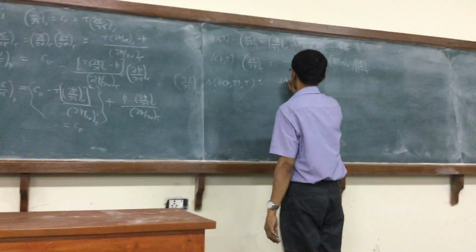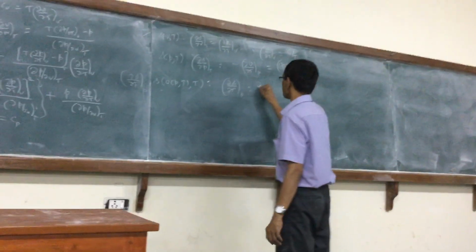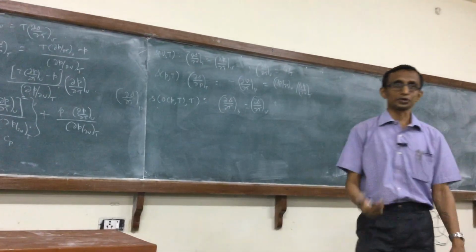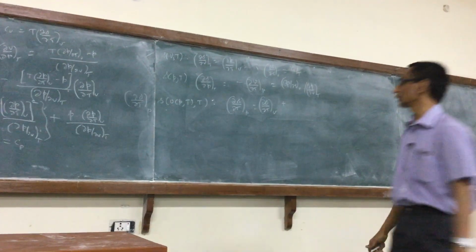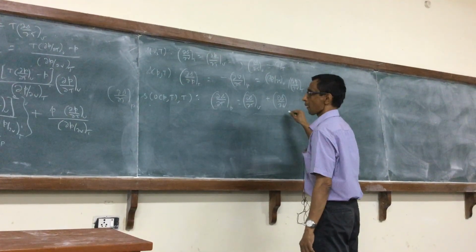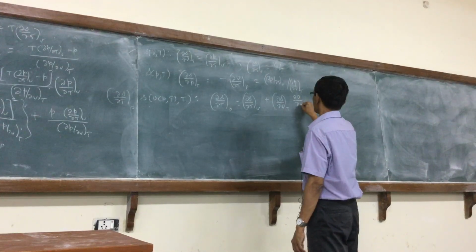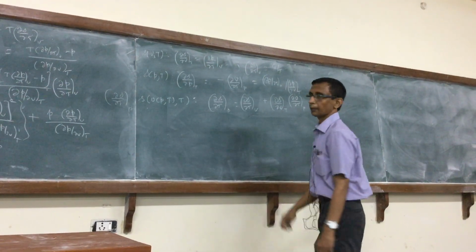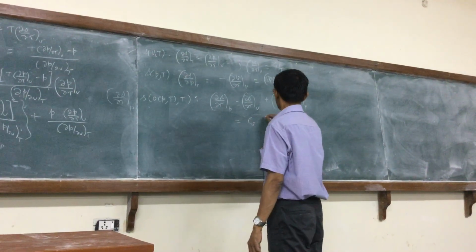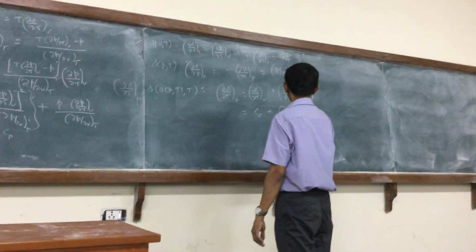Now look at this again by the chain rule. I get one term from here, which will be dS/dT at constant V, that's the original representation, S in V and T, plus dS/dV at constant temperature, times dV/dT at constant P. So this now is Cv.